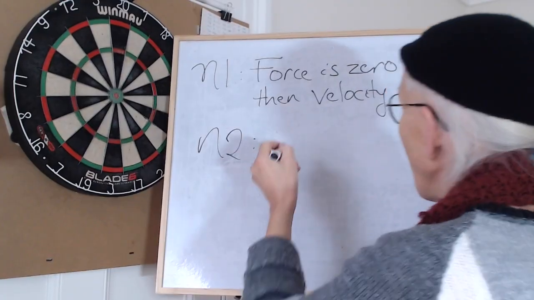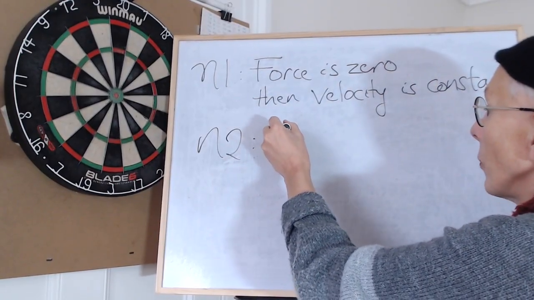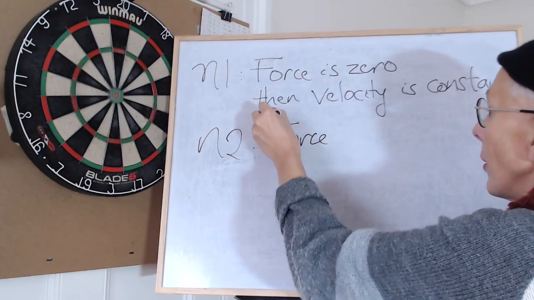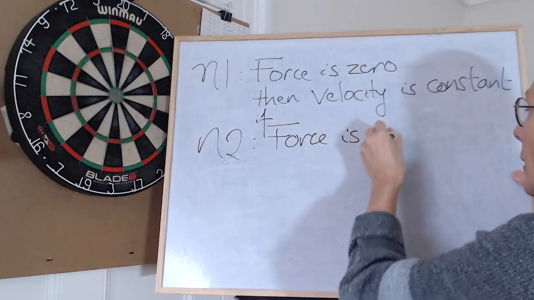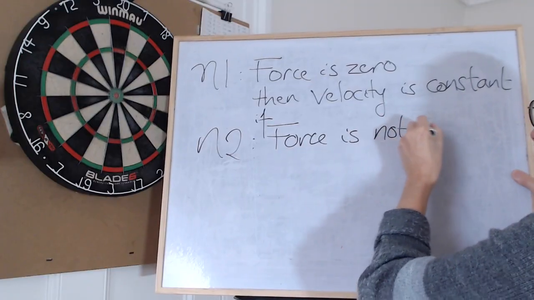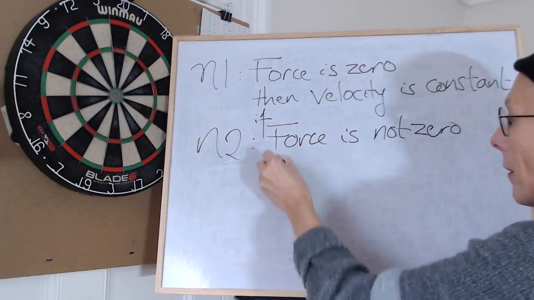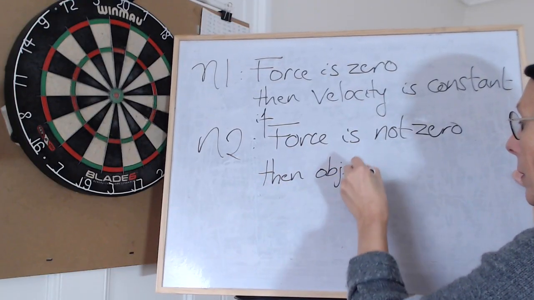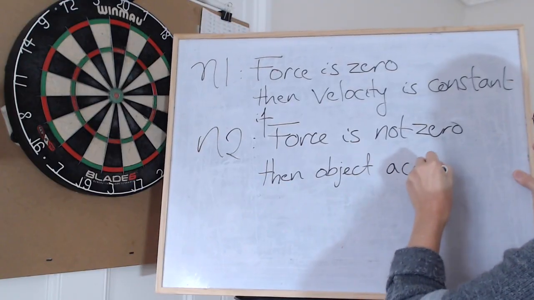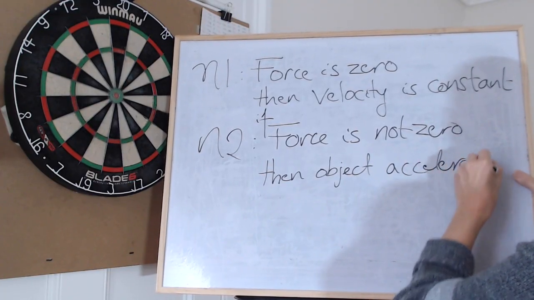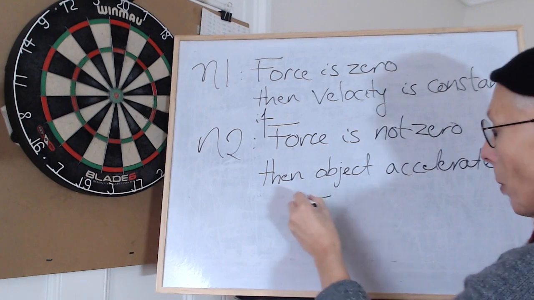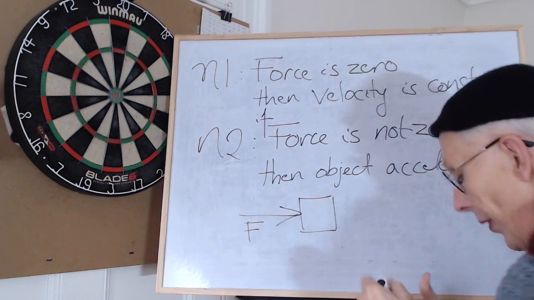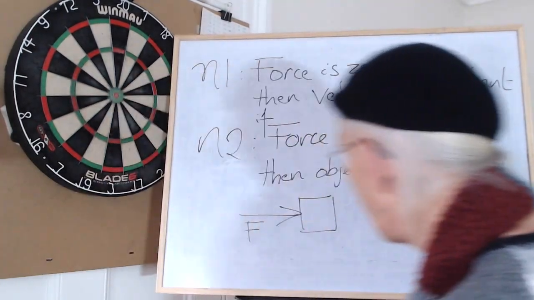So Newton's second law then says that if force is not zero, then the object accelerates. So here's an object. I'm going to apply a force to it, and let's assume it was at rest initially.